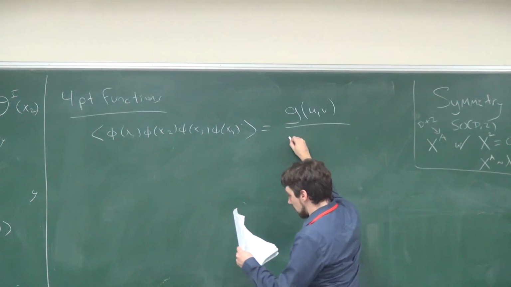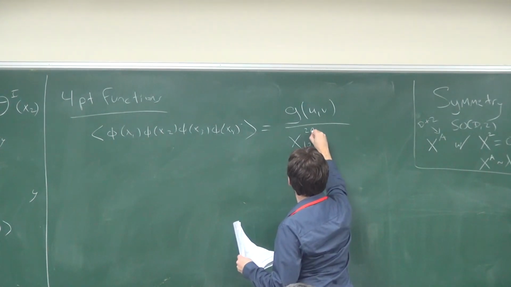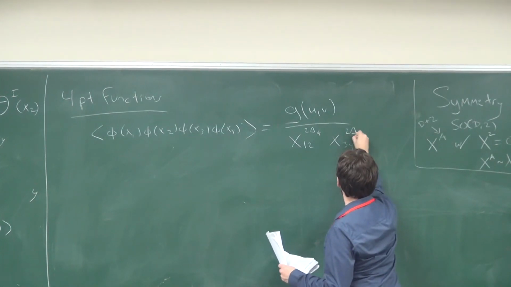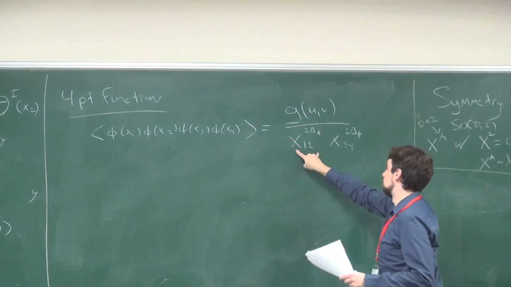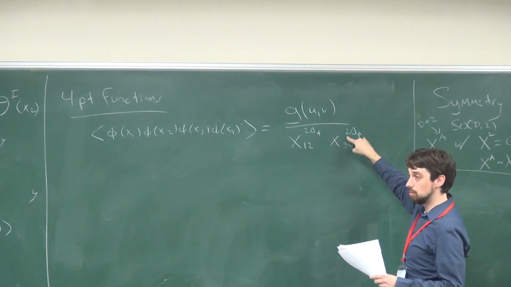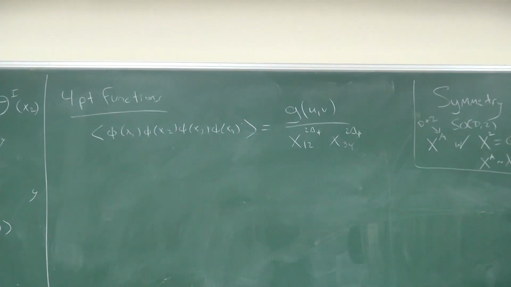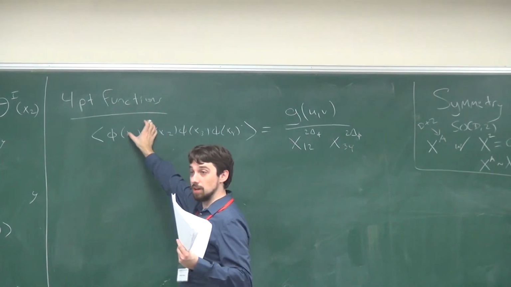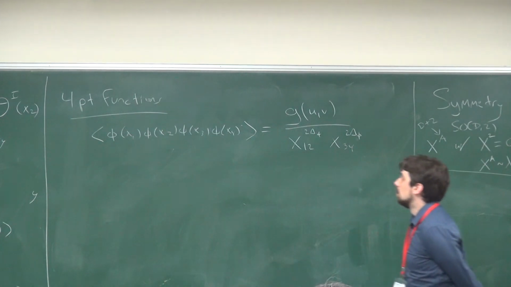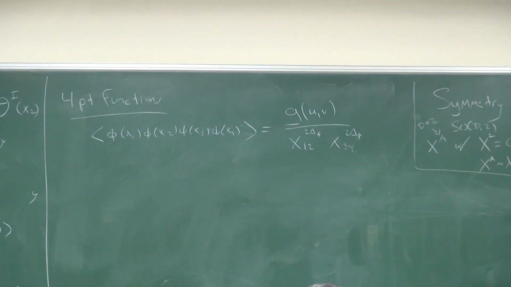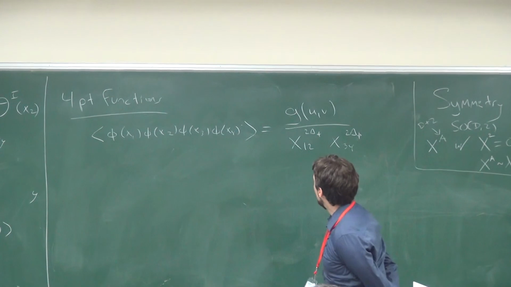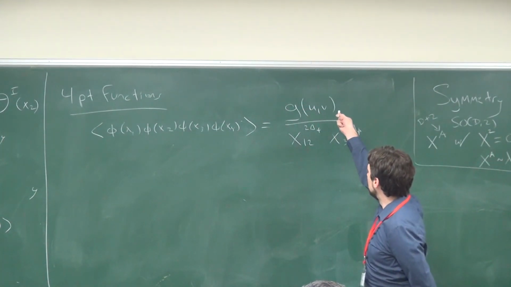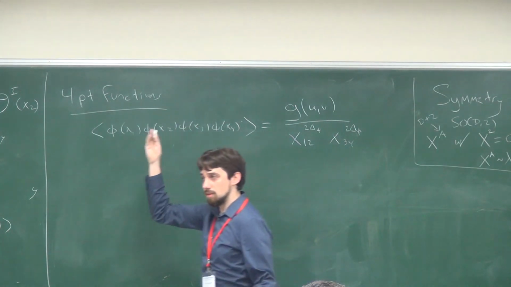You'll see that the general form looks like a product of 2-point functions, 1 over x12 to the 2 delta phi, 1 over x34 to the 2 delta phi. That's certainly a valid 4-point function. That's what I would get if I did some Wick contractions on this 4-point function, where everything is factorized. But then on top of that, there could be some arbitrary function of conformally invariant quantities.